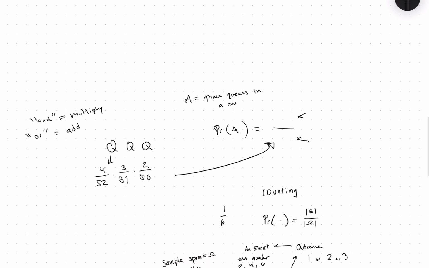So that is an example of a more complex counting problem where you're trying to determine the probability of some event taking place. All right, this is a speed run.